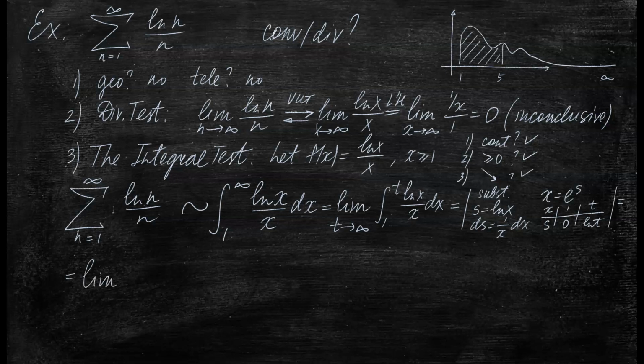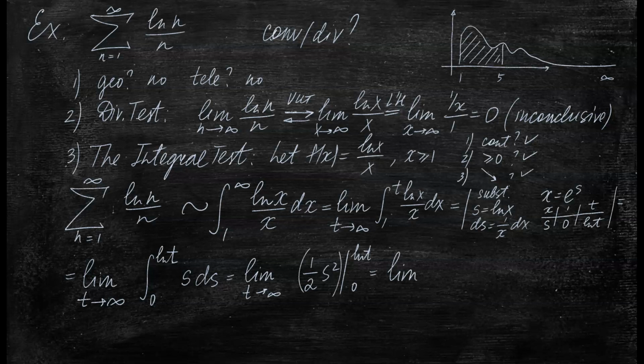So we have a limit as t goes to infinity, integral from 0 to ln t, and we have ln x, which is s, ds. So we have 1/2 s squared from 0 to ln t, and the rest is just a matter of carefully writing everything out.